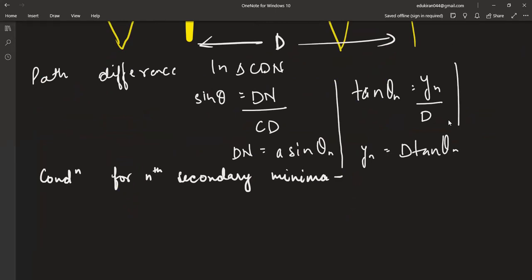And tan theta can almost be written as theta in small angle approximation. All right. So yn is equal to D theta n.